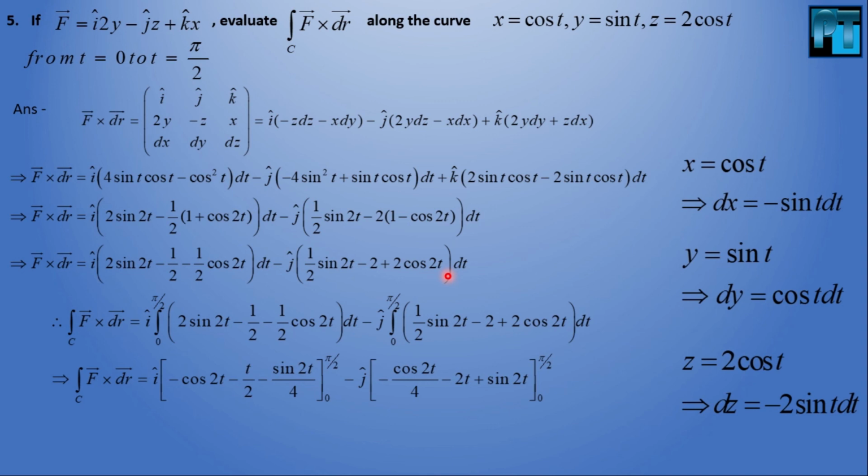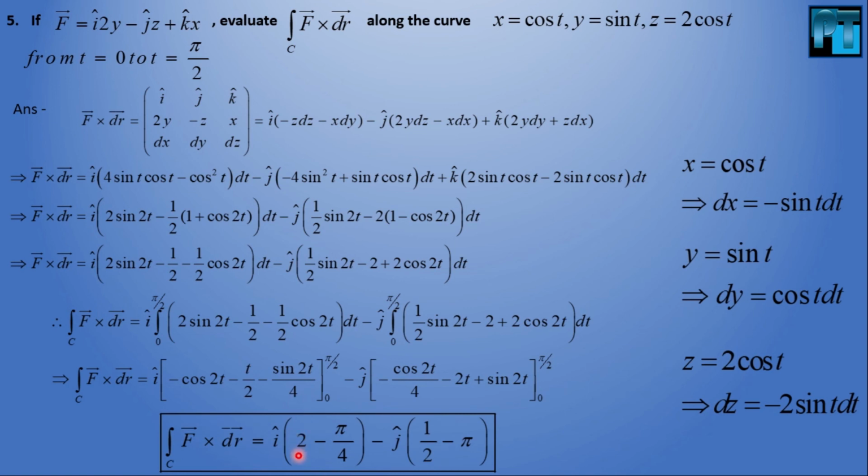Everything. So after necessary calculations, we can find that the value of this integral is i cap (2 minus pi by 4) minus j cap (half minus pi). You can check for yourself, do the maths step by step properly, and the answer will be this type.